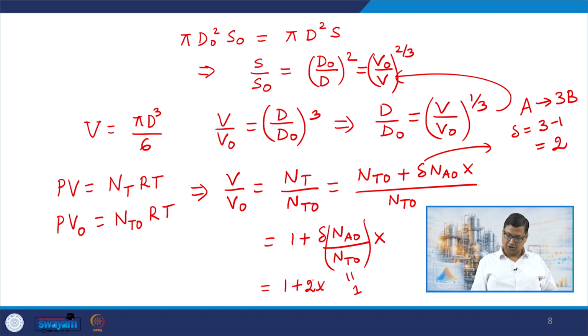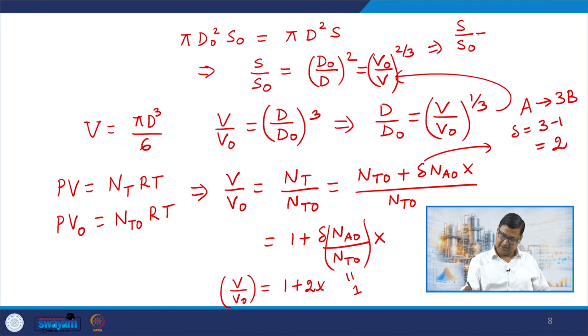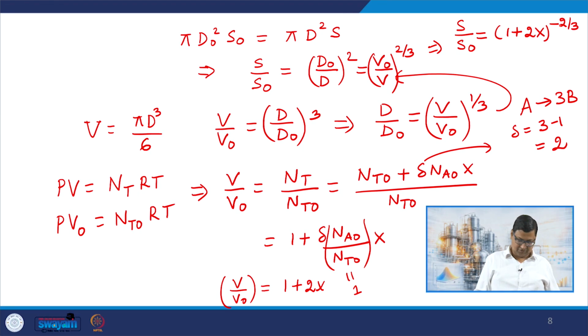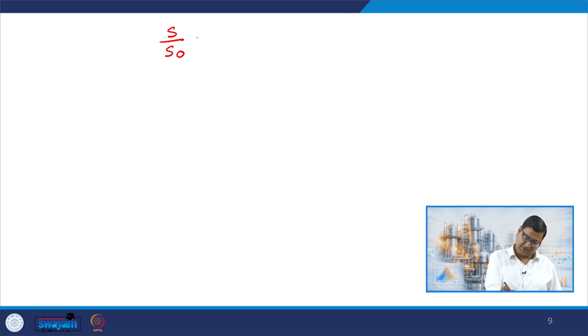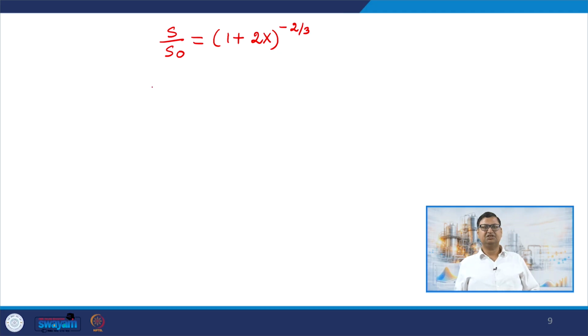If I now put this 1 plus 2x into my earlier equation, we get S by S naught equal to 1 plus 2x to the power minus 2 by 3. So we will start from there now. This gives me basically a condition for how the cell thickness is changing with the conversion, right?